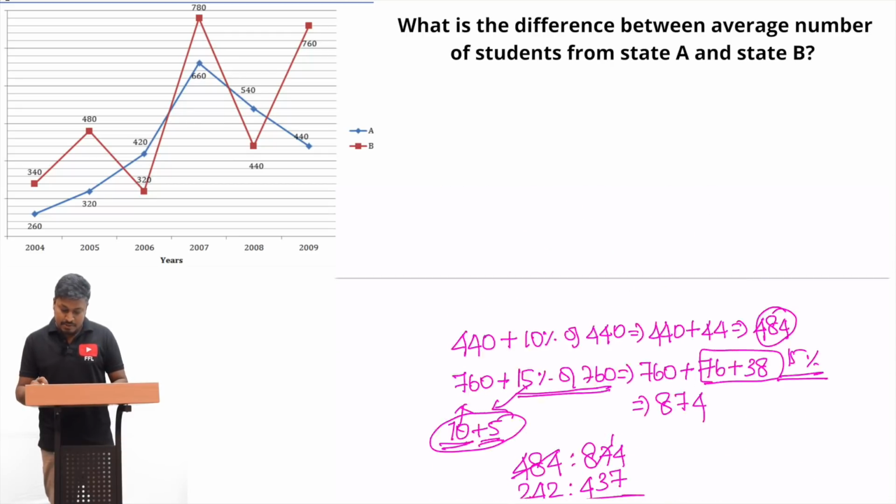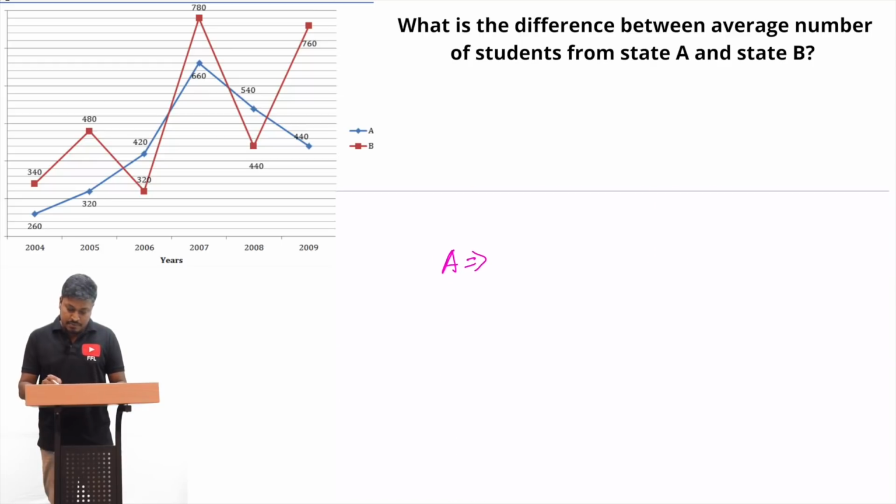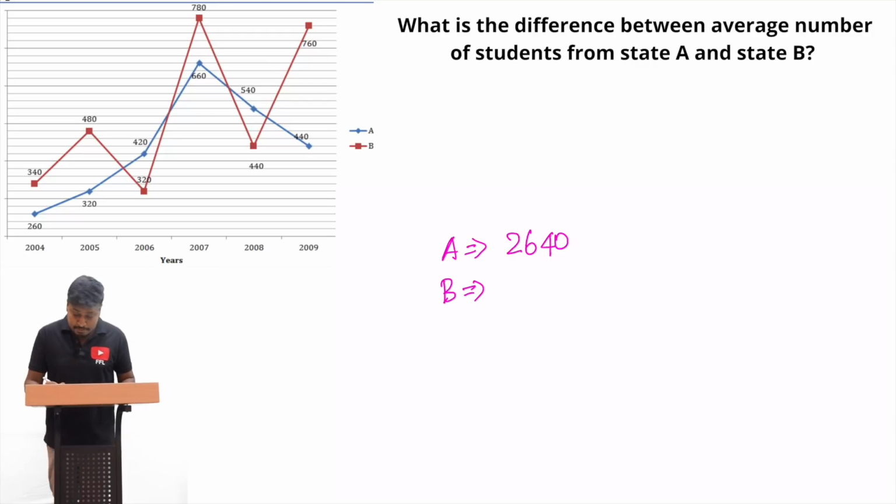So 2640 will be the total number of students of state A. We also need to find the average. Totally how many years are there? 1 2 3 4 5 6. So this is divided by 6. 6 4s are 24, so remaining will be 2. 6 4s are 24 again, so 440.